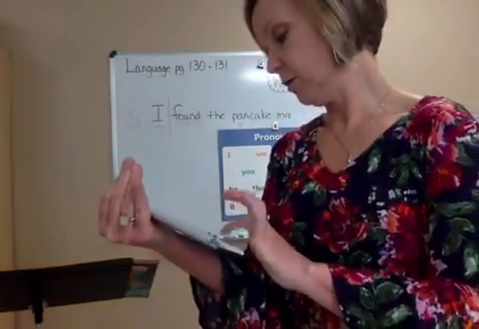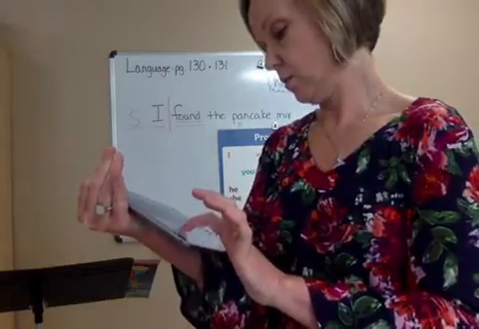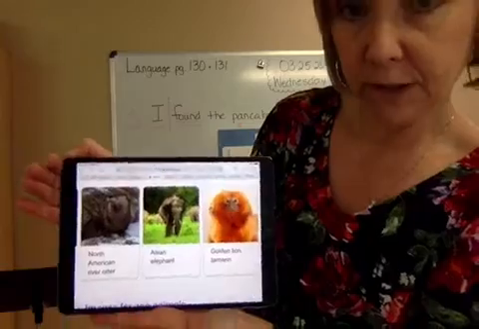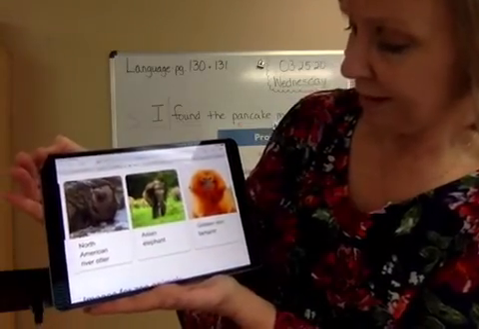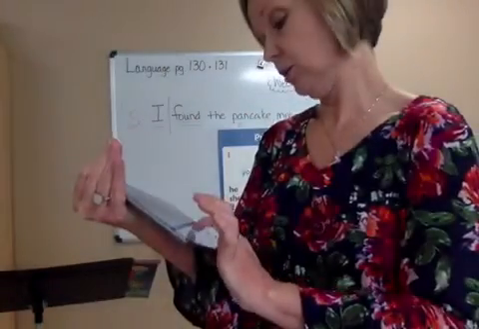I don't know if you've seen your favorite yet. You have a river otter, an elephant, and that is a golden lion tamarin. I think I'm pronouncing that correctly. That's an interesting animal.